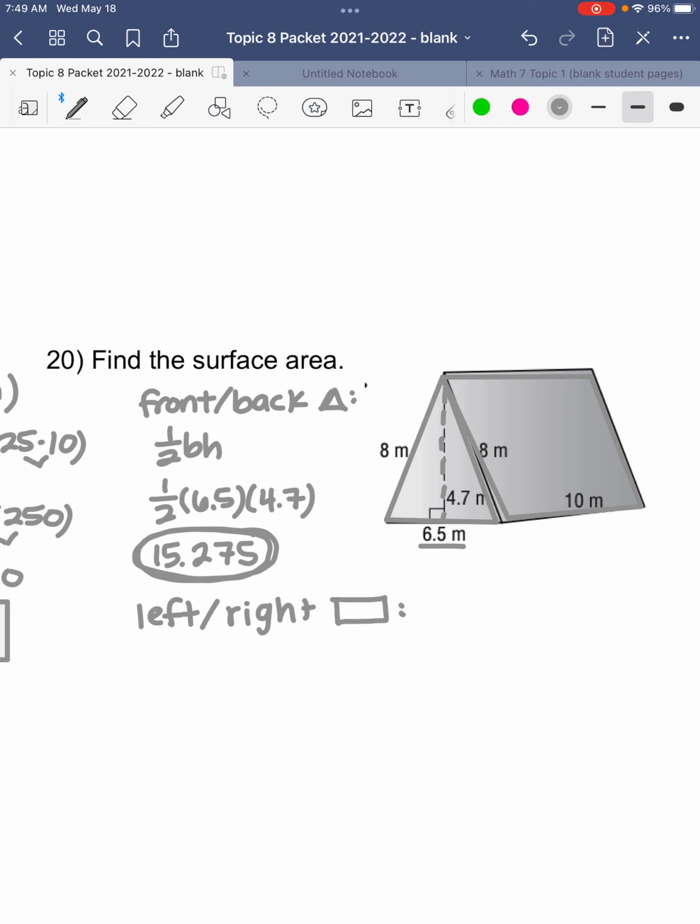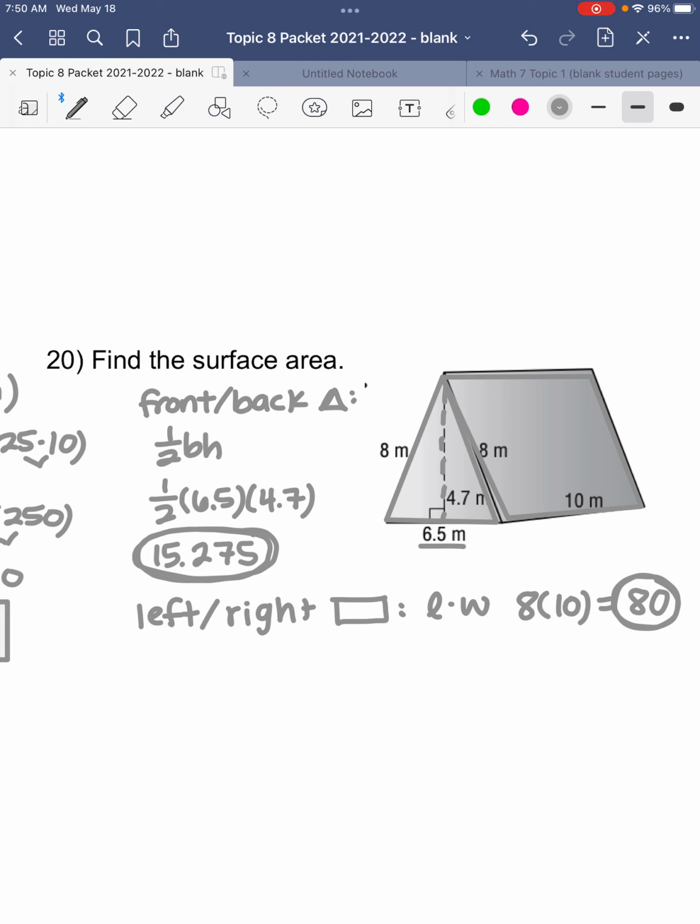Okay, so area of a rectangle is easy. It's just length times width. Well, my length, let's say, is 8, and my width is 10. So 8 times 10 is 80. So how many sides have that area? Well, 2. There's one on each side.